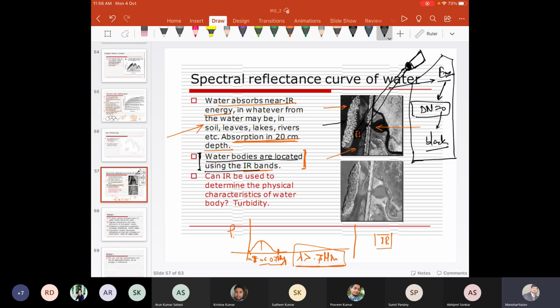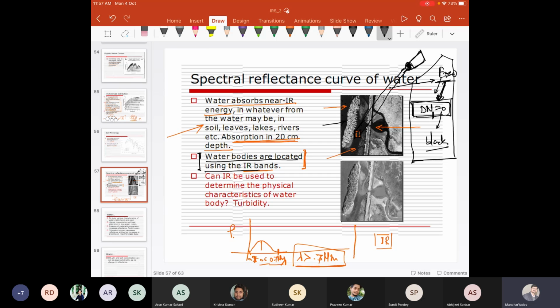In that case, the lowest energy will be given the lowest DN number, and the highest energy will be given the highest DN number. This is the mapping we do, and how it is done will be discussed later on, in the next lecture, in that particular chapter.